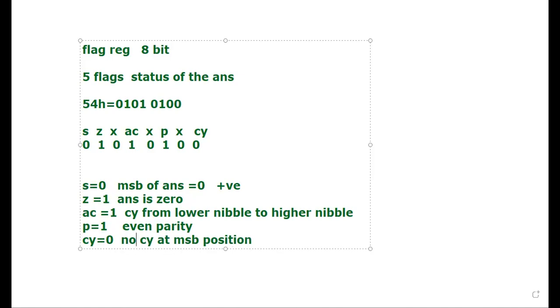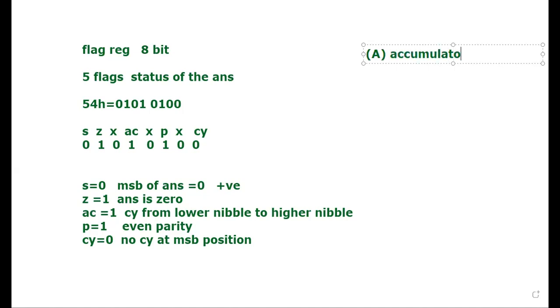So this is about your flag register. Then other registers they can also ask you. The A register is called the accumulator. You have to mention how many bits the register is. It is an 8-bit register, and then you have to explain its use, right?